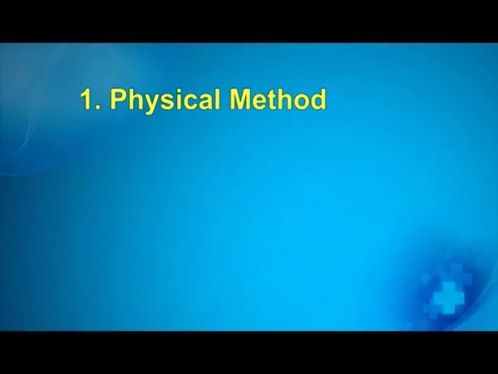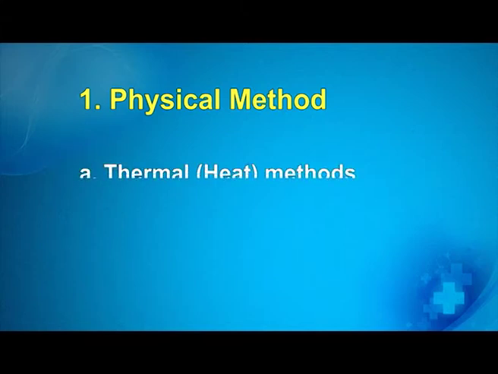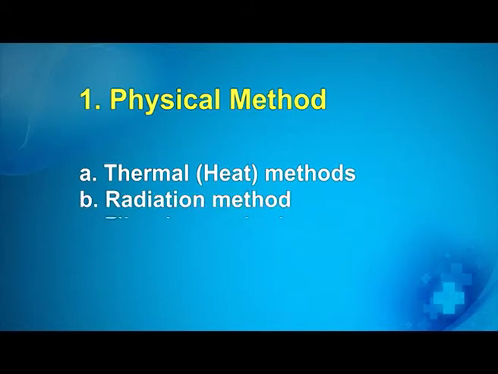There are many sterilization methods which can be used depending upon their suitability to the products being sterilized. These methods are: first is the physical method, in which there is thermal or heat method, radiation method, filtration method.